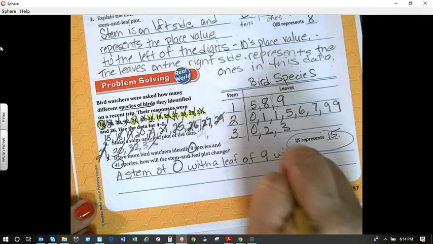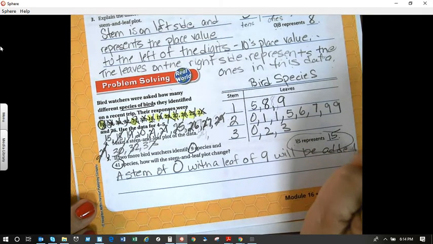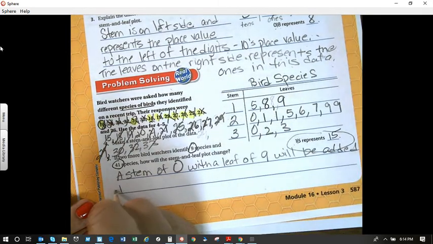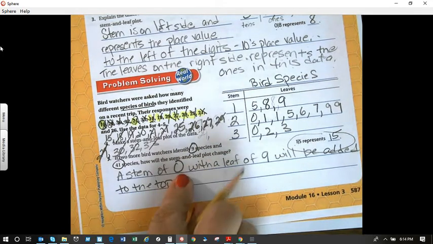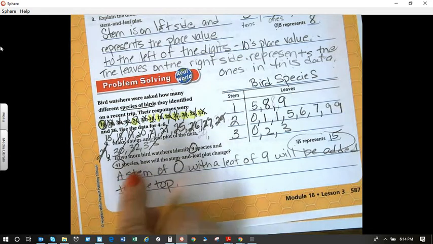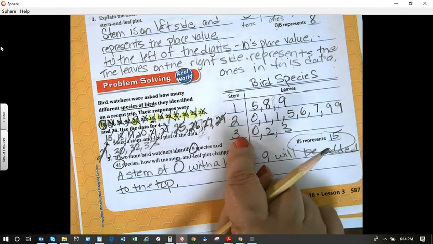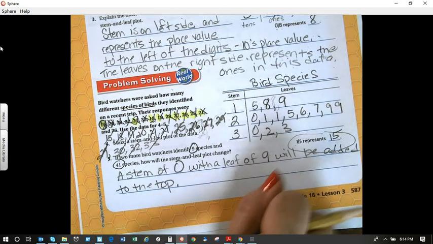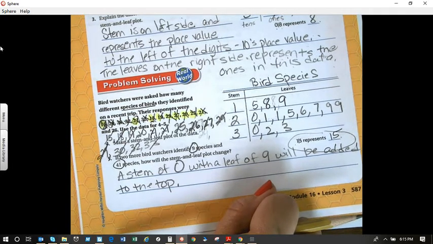But where is it going to be added? At the bottom? No, you're right, it's going to be added to the top, because it's the smallest number. The smallest here was 15, and 33 was the largest. For the 41, you'll have a stem of 4 and a leaf of 1 added to the bottom of the plot.